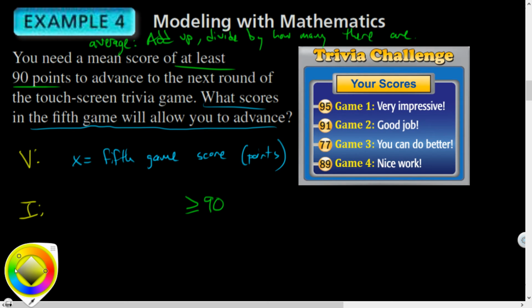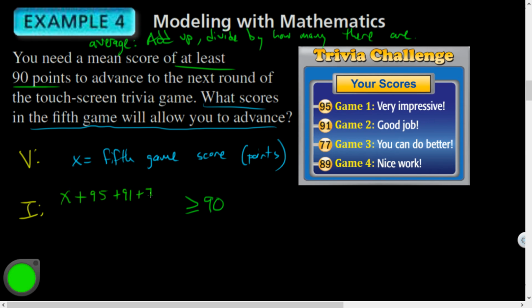Now, to write this inequality, I'm going to take the average of all of my game scores. So I'm going to take the x, the 5th game, add to that 95, plus 91, plus 77, plus 89. So I'm adding up all the scores.